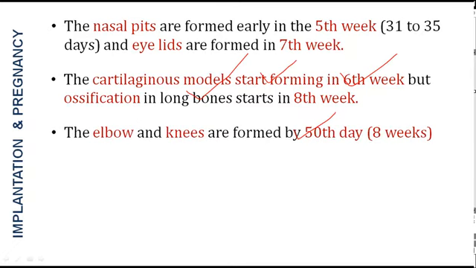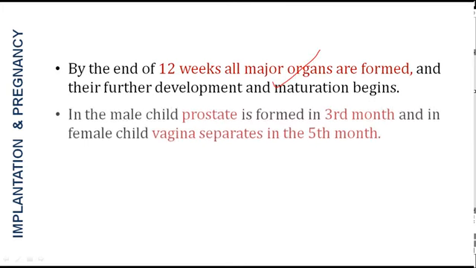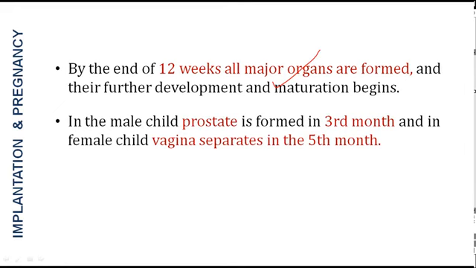Elbows and knees, that is parts of hands and legs, are formed by the 50th day, that is the 8th week. And by the end of the 12th week, that is 3 months, all major organs are formed. Later on, further development is related to maturation of the child.